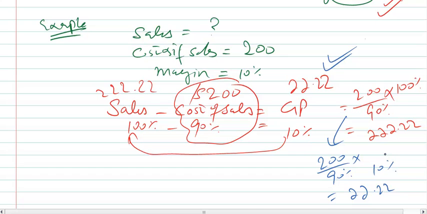If the data is provided just relating to cost of sales, then they will miss the sales. You have to find the sales by using the gross profit margin rate.